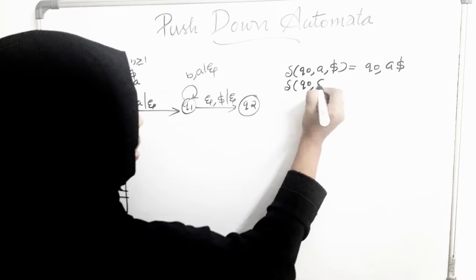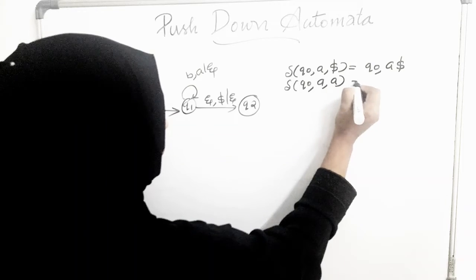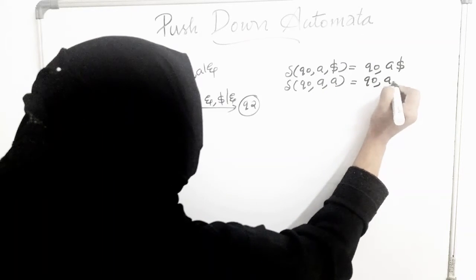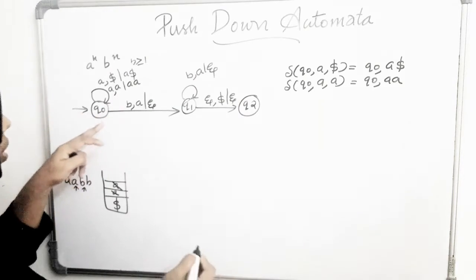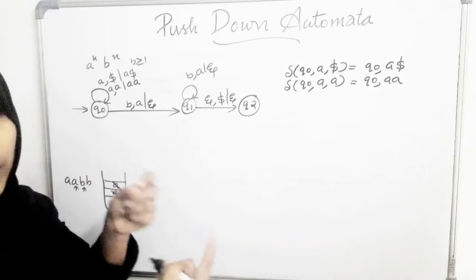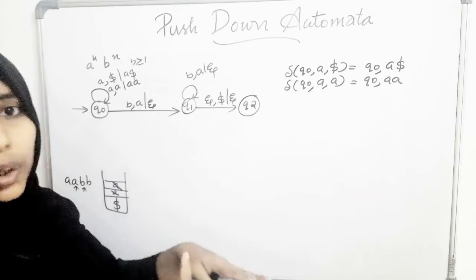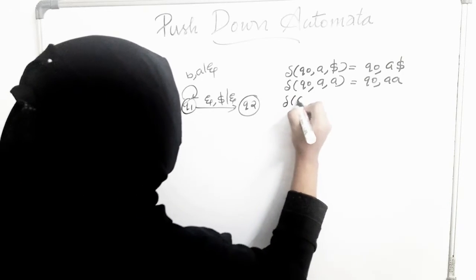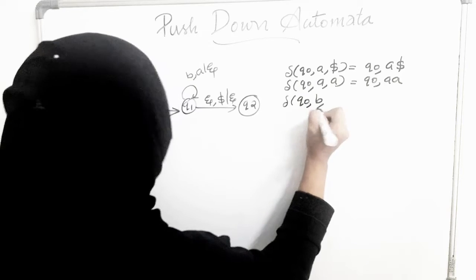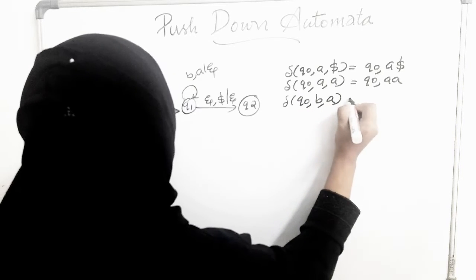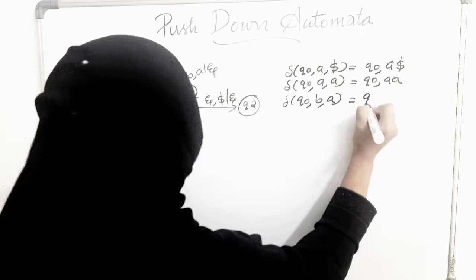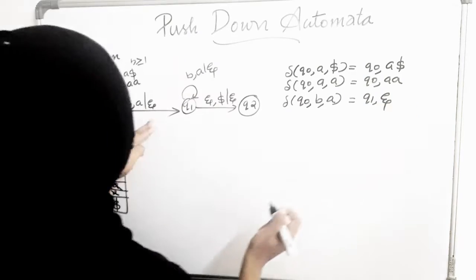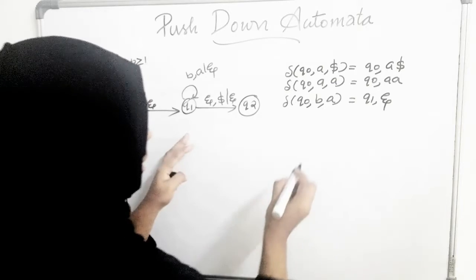If A is the input symbol, A is the stack top symbol, you stay at Q0 and the stack now contains AA. The first symbol is A on the top of the stack, and below the top you have another A. That is what it means. Now delta of Q0, if the input is B and the stack top is A, you go to state Q1 and you pop the symbol off the stack.